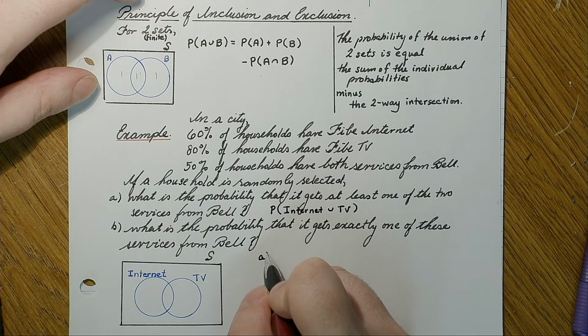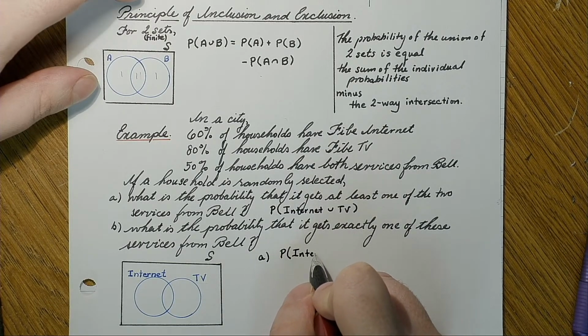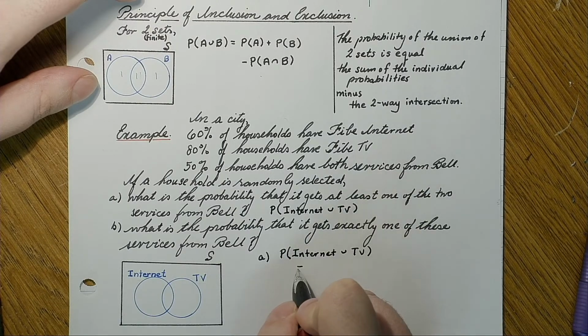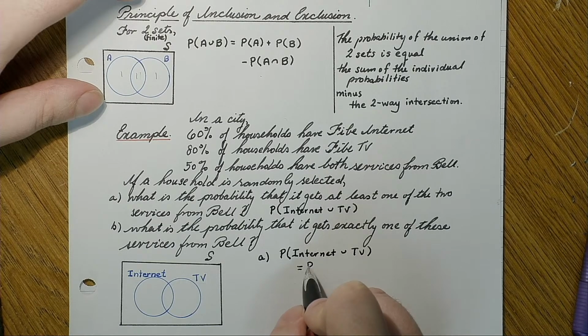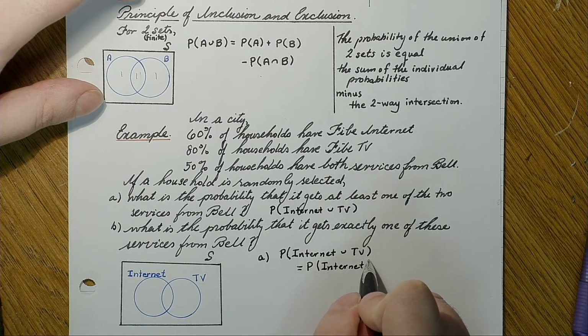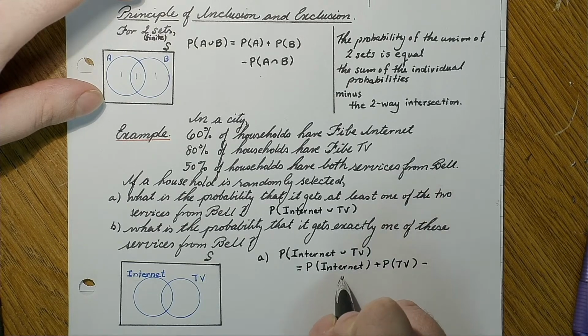So with this, internet union TV is equal to the probability of the internet plus the probability of TV minus the intersection of both.